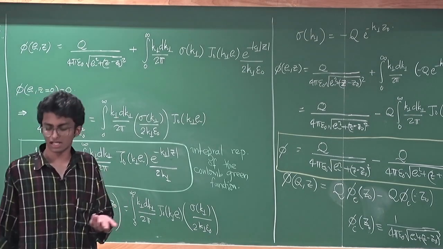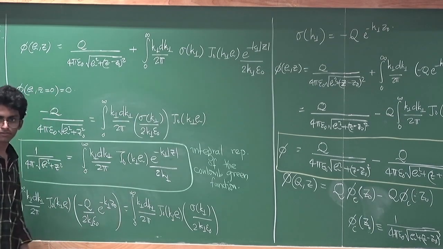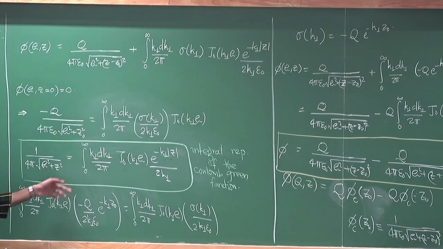But it also has to be axisymmetric, symmetric about rotations about the z-axis, because it's just a point charge at the origin. The only such solution is J naught, and the rest of the integral you find by fixing the correct normalization. I'm just reminding you why this answer was correct.